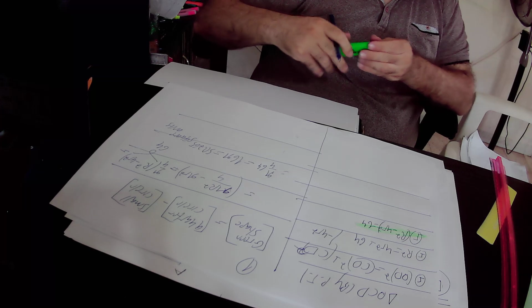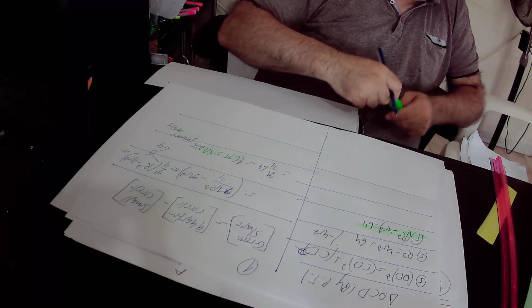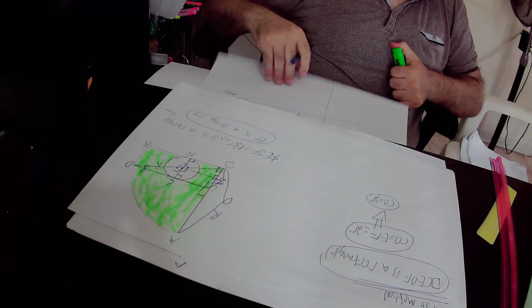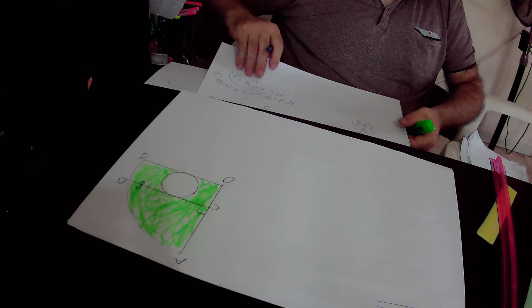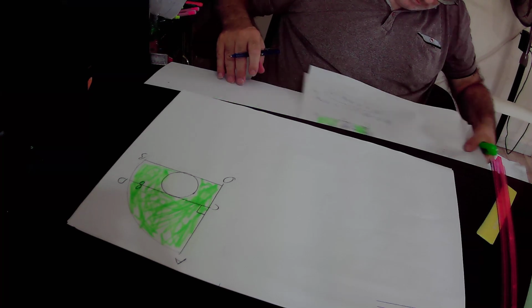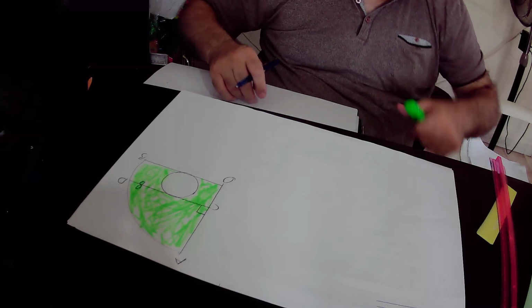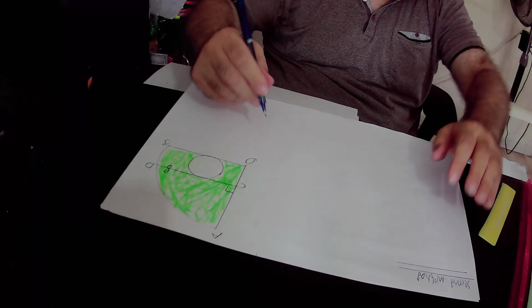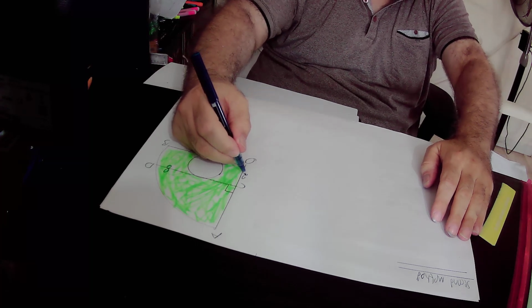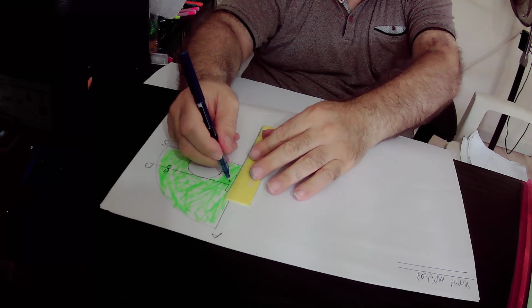In the next step I will present how to find the area of this green shape according to the second method. In the second method we use the things that we found out in the first method. We have already found out that CO equals 2r, and that this angle equals 90 degrees.